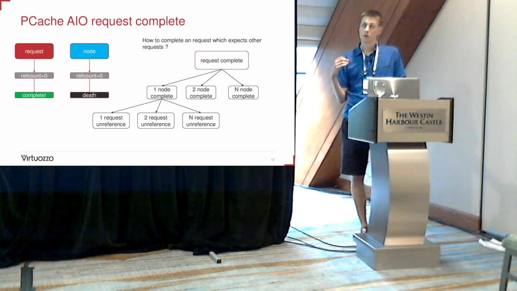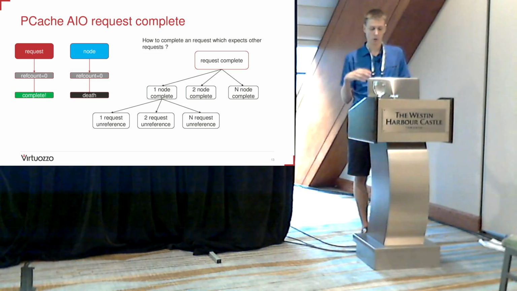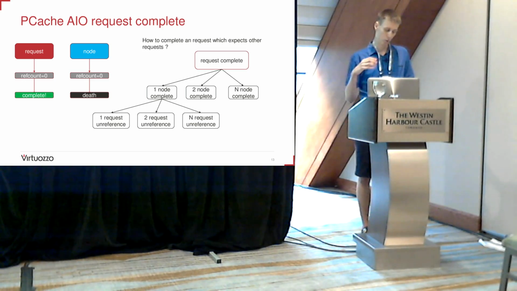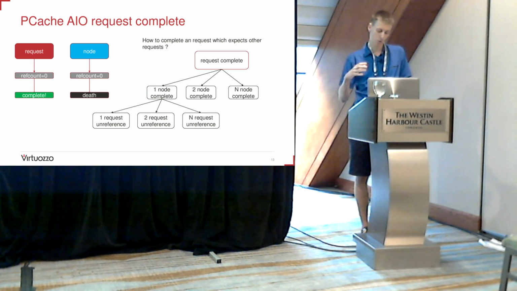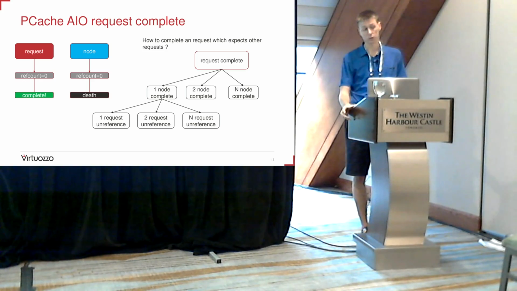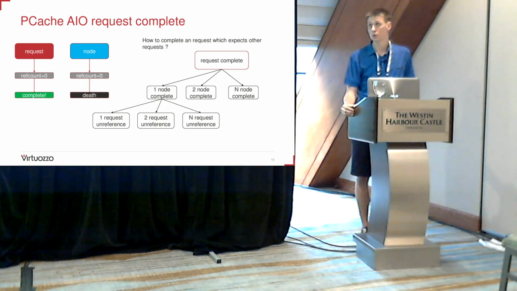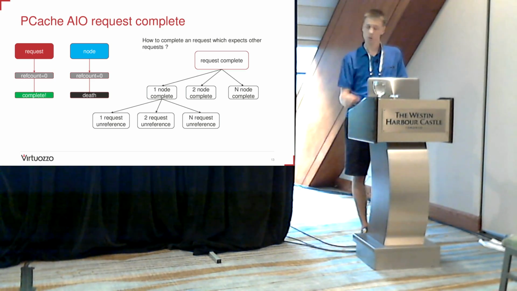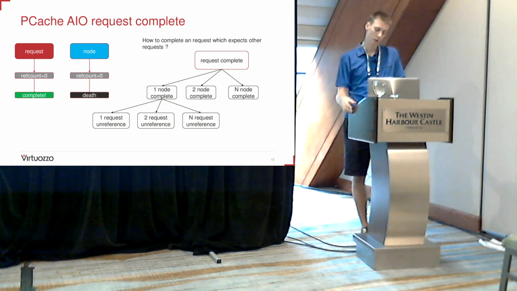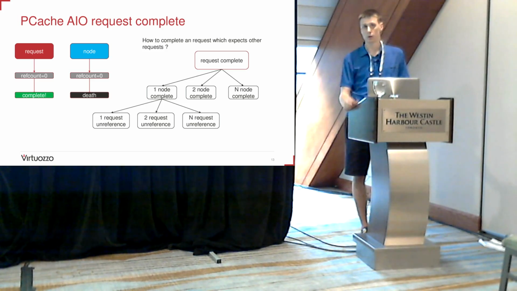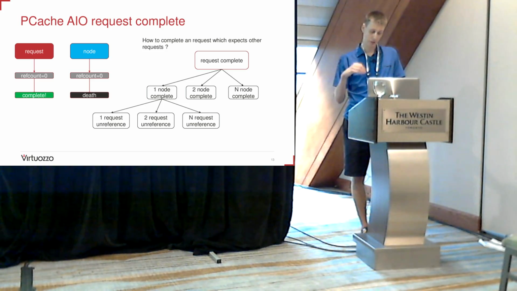For a node, the ref counter is the counter of objects which are using this node. Such an object can be a request or a tree of nodes. If the reference counter of a request becomes 0, the request is completed. If the reference counter of a node becomes 0, the node is removed.